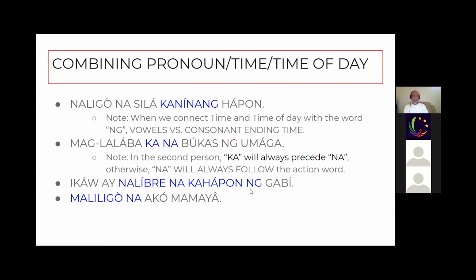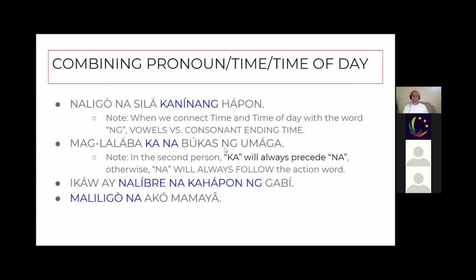Right? So, what did we say about the connective time and time of day? Is it always going to be at the end of a sentence form? Can it also be at the start? Yes, both of you got that correctly. I am very happy. So you could say "kahapon ng gabi, ikaw ay nalibre na," right?